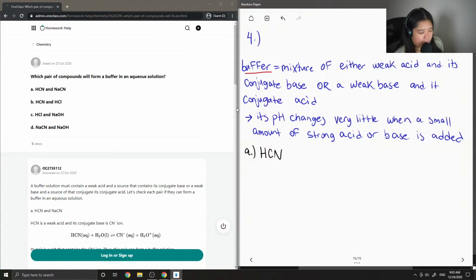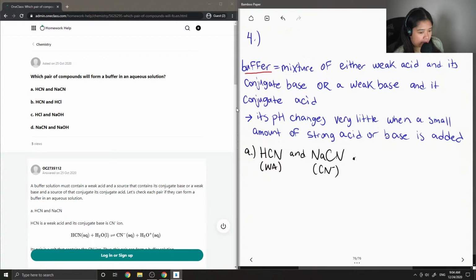Okay, so we have HCN and sodium cyanide. HCN is a weak acid, and the sodium cyanide contains the cyanide ion, which is the conjugate base.